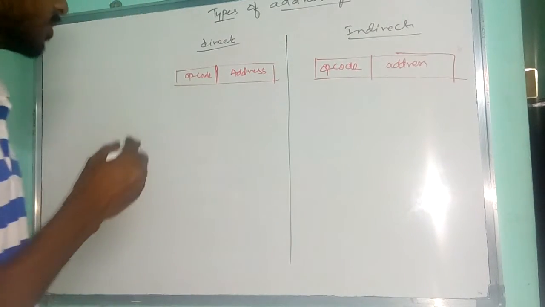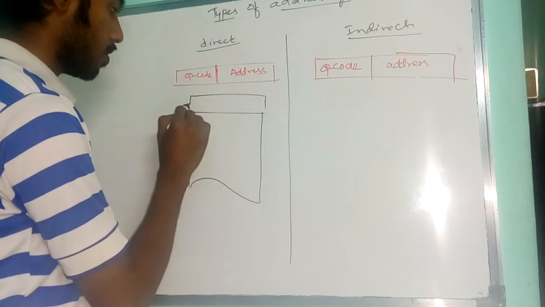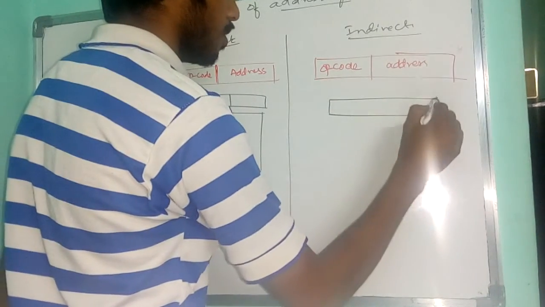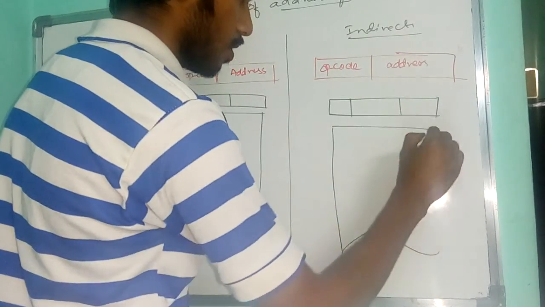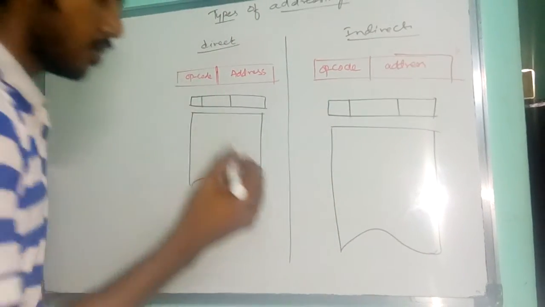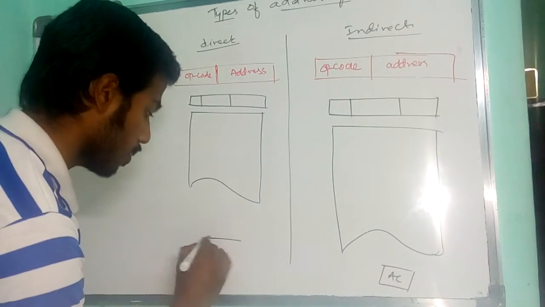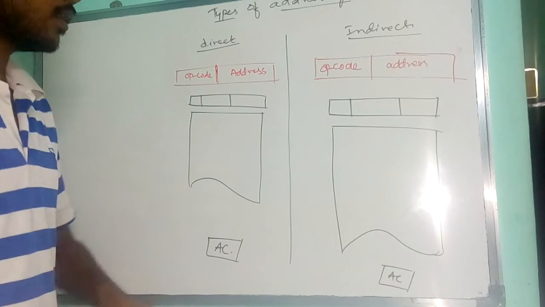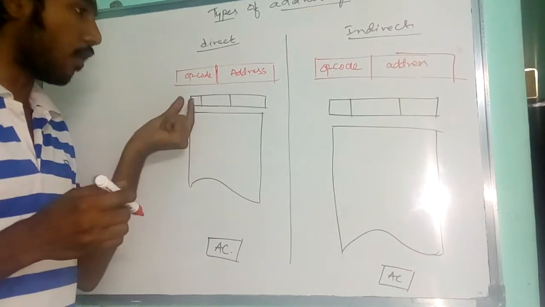So we'll see how it is. So consider a system. Now here you can see I have given some space for this block, right?